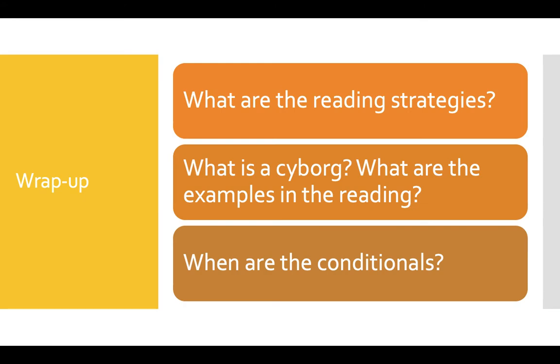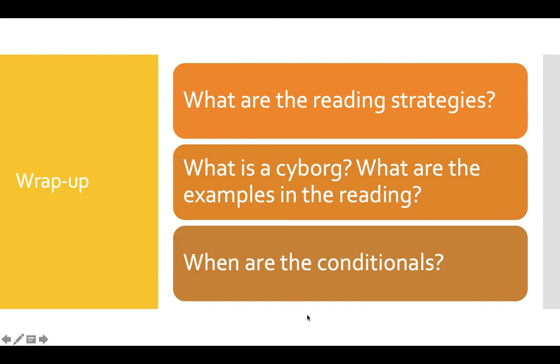Could you talk about the example used in the reading of a cyborg? And if I ask you, in what way are human beings cyborgs? And number 3, what are the conditionals?